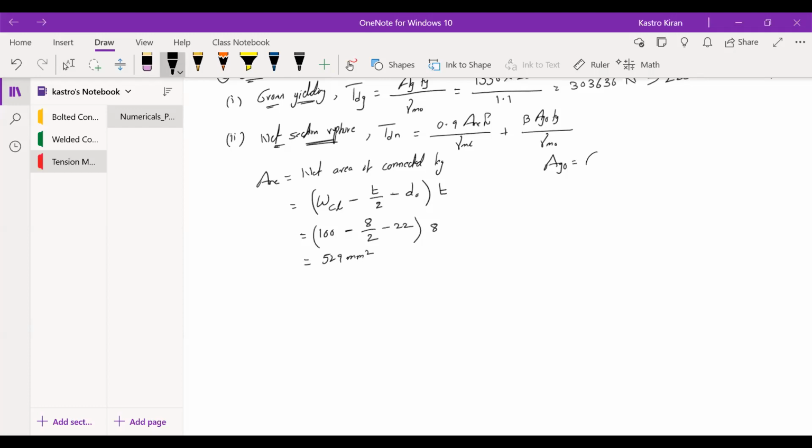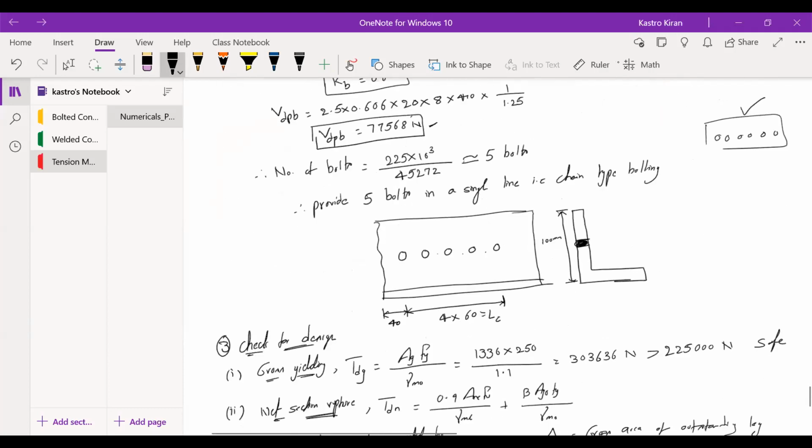Similarly, AG naught equals the gross area of the outstanding leg. How will you calculate the gross area of the outstanding leg? Width of outstanding leg, that is OL, OL represents outstanding leg, minus thickness by 2, into thickness. Why am I not taking D naught here?